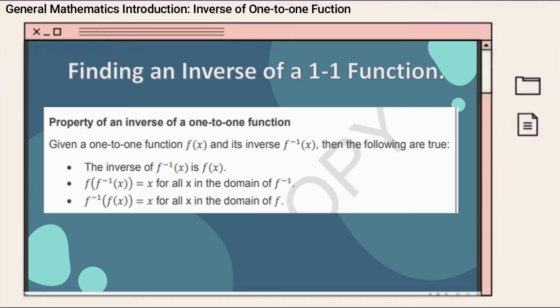This means that the inverse of f of x is the inverse function of x and vice versa. Next is f of f inverse of x is equal to x for all x in the domain of f inverse. Then the last one is f inverse of f of x is equal to x for all x in the domain of f.